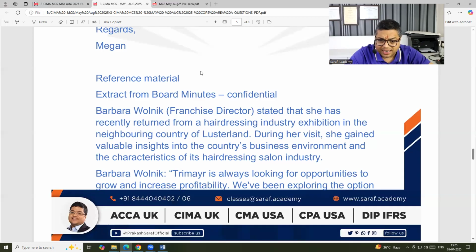Our finance director visited and attended an exhibition in the neighboring country of Lusterland. During her visit, she gained valuable insights into the country's business environment and the characteristics of its hairdressing salon industry. She was very much affected by the business environment, the salons and all that. The exhibition was relating to that.